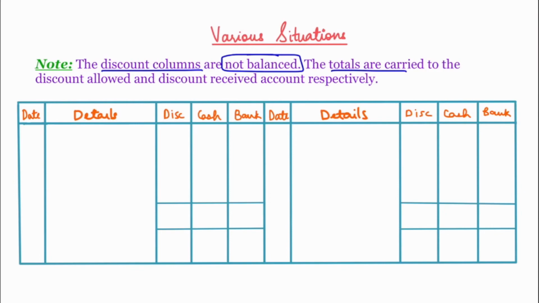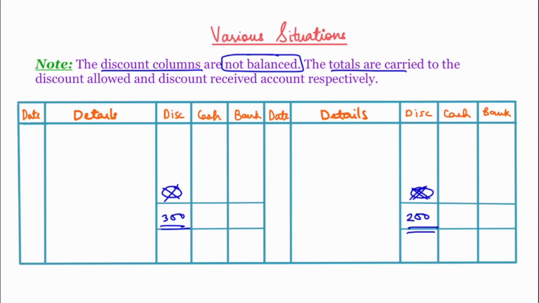That means the discount account column will not be balanced. For instance, if the debit side discount account totals 300 and the credit side discount totals 200, then the balancing of 100 will not be done, and we will just write this 300 over here and 200 over here.